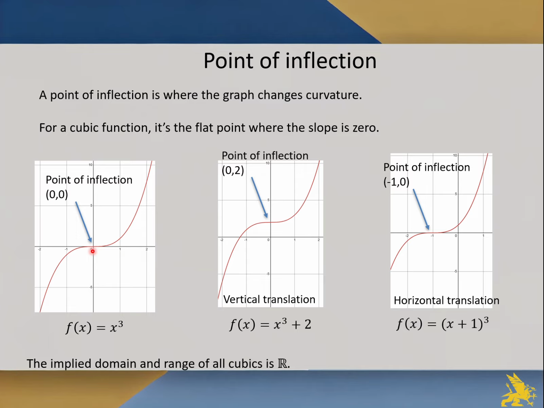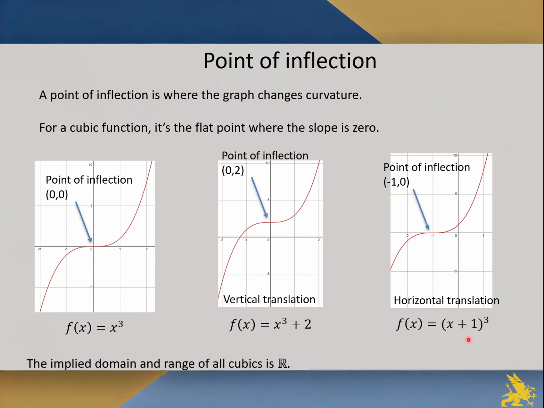So for a vertical shift, it's where we are either plusing or minusing a number on the outside. So right here, because I've got +2, it shifts my point of inflection up by 2 points to get to 0 and 2.